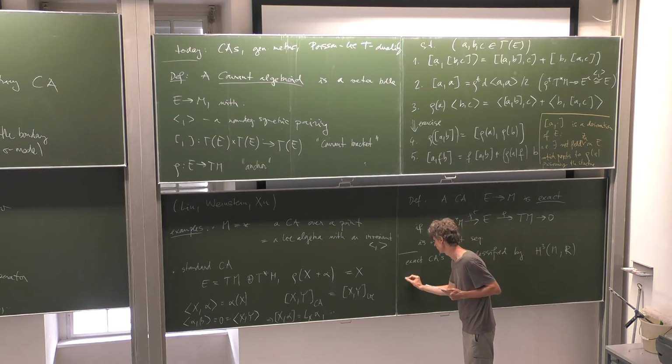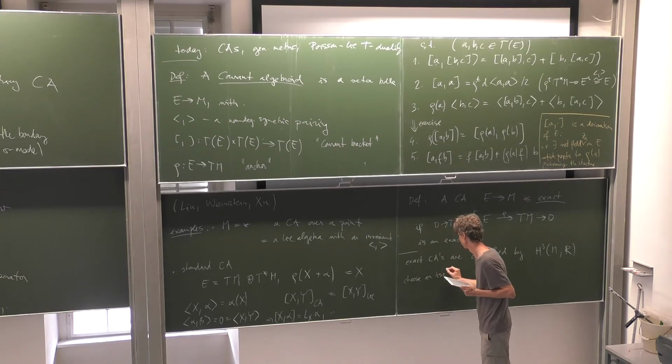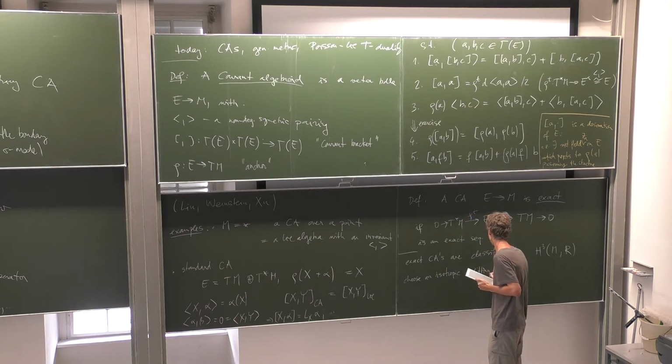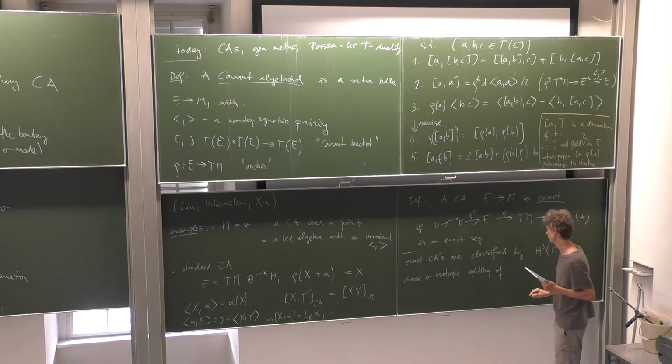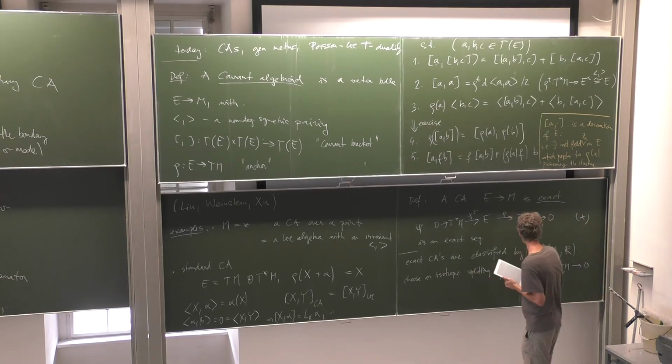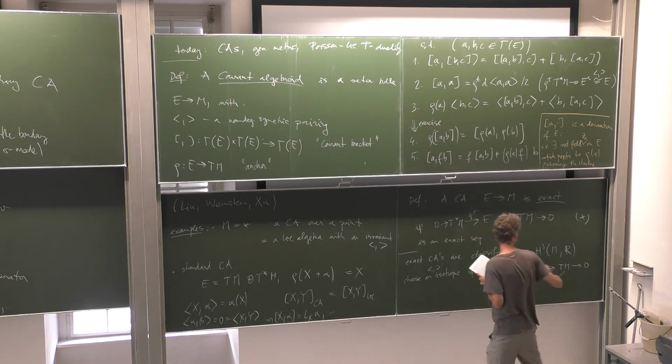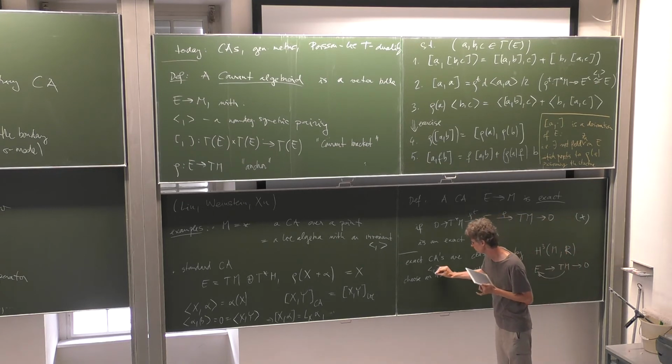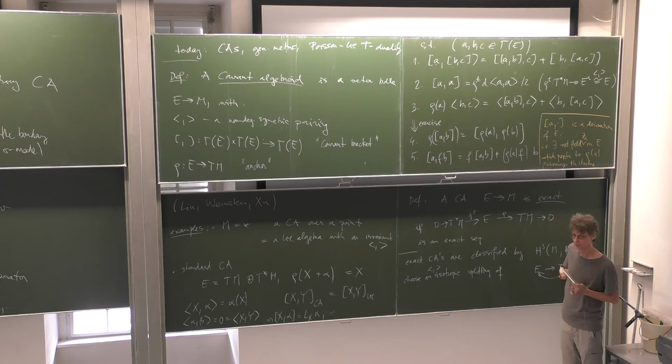If you choose a splitting, an isotropic splitting of our extension, it means that we have E, which goes to TM, but now we somehow choose a splitting which goes to E, and it's isotropic with respect to the pairing, meaning that if you take two vectors and move them to here, their pairing is going to be 0.